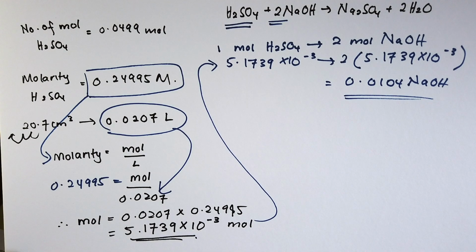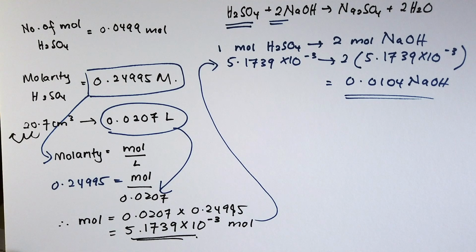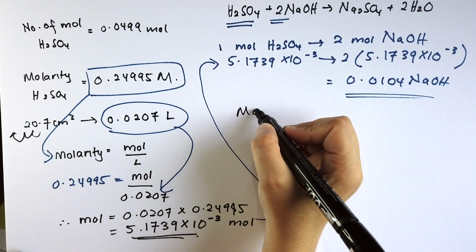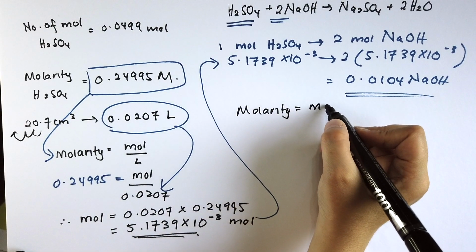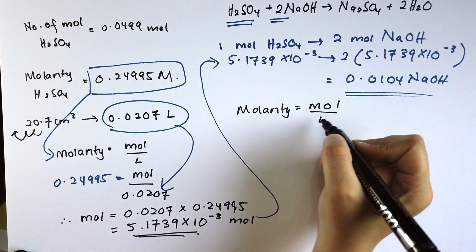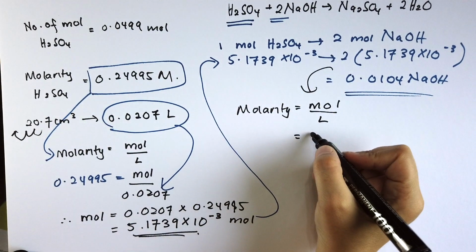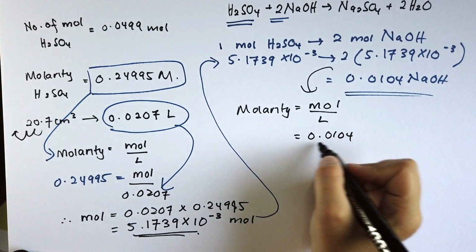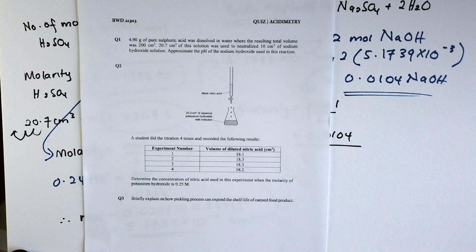But because the question asks you to calculate what is the pH, so definitely you need to calculate the concentration of sodium hydroxide first. So molarity or the concentration equivalent to mole over liter. So the number of mole is this one, 0.0104. So how much sodium hydroxide is being used? So you look back at the question.